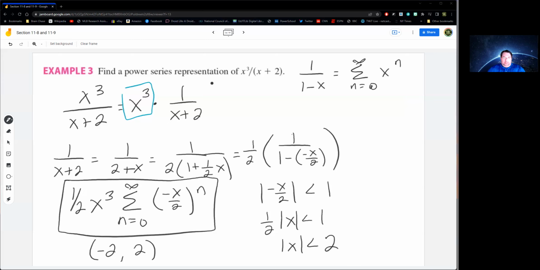All right. So we've now rewritten this function in terms of a power series, and we have our interval of convergence.